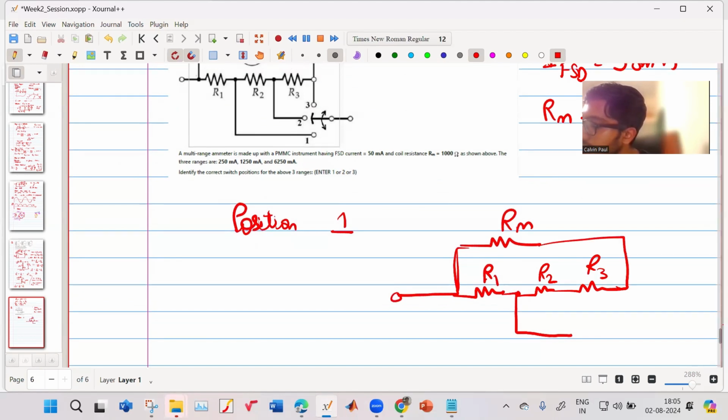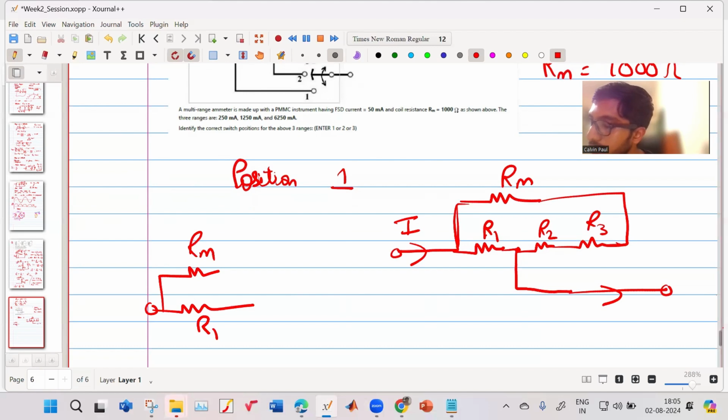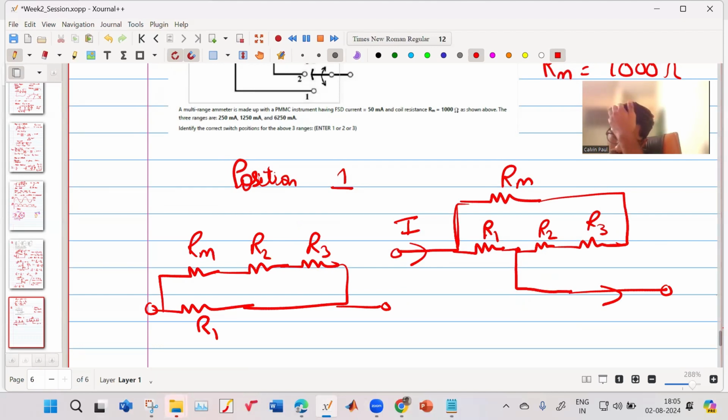These all are connected. So effectively, your current is entering like this and going out like this. So it is R1, then Rm, R2, R3, like this. So what other information do I have? What information do I know?